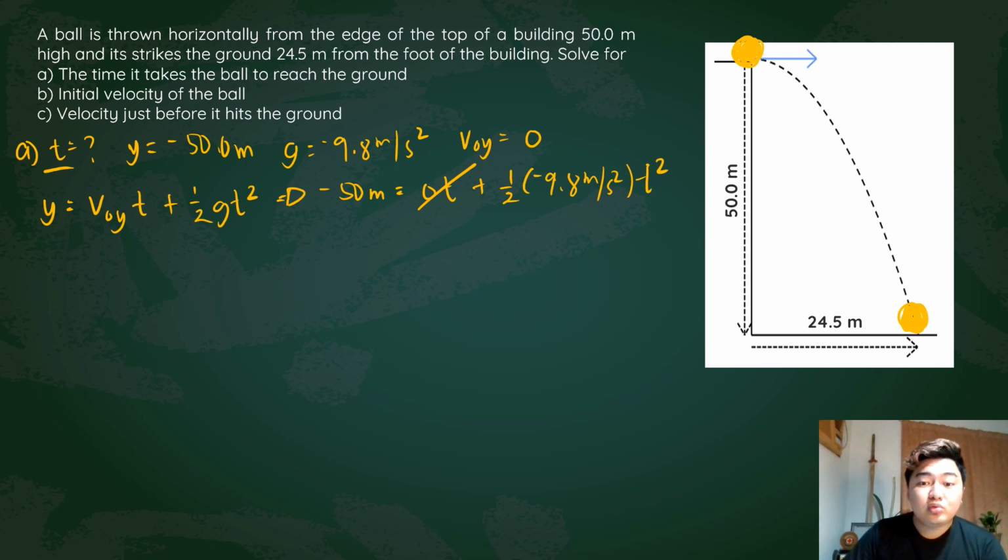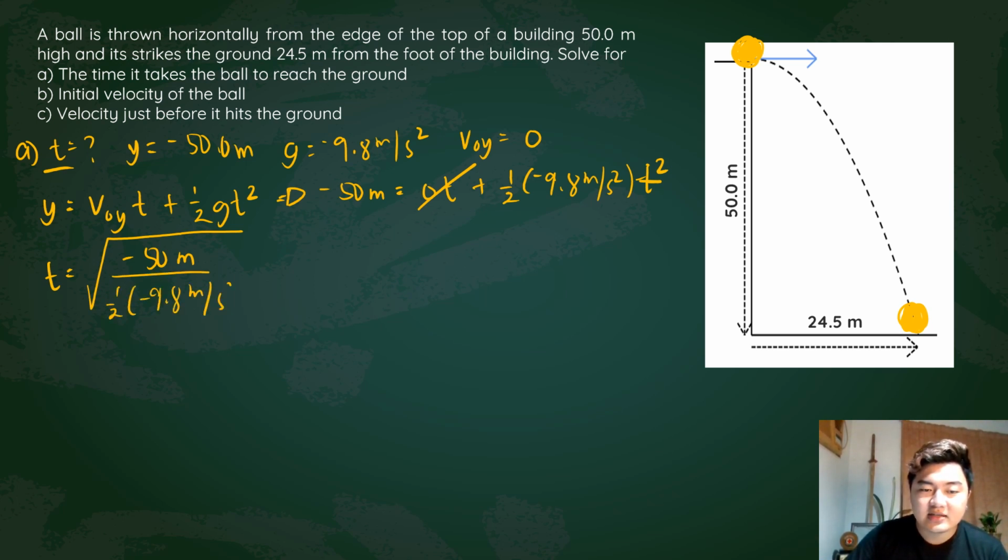Now, we need to rearrange our equation to solve for time. Time will be equal to the square root of negative 50 meters over 1/2 times negative 9.8 meters per second squared. Then time will be equal to the square root of negative 50 divided by 1/2 times negative 9.8.